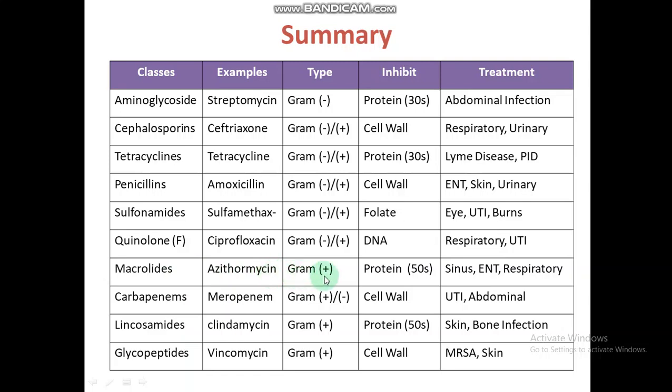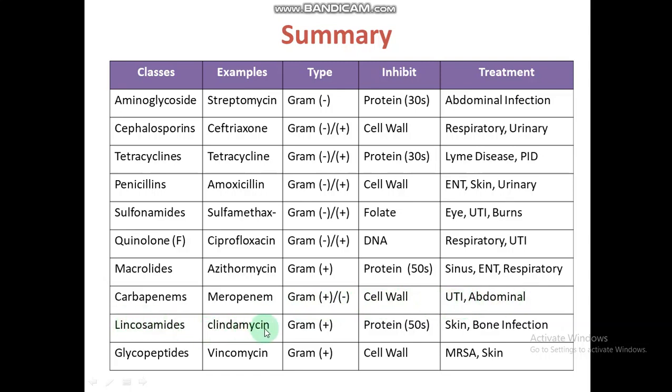They act on gram-positive bacteria and inhibit protein synthesis of the 50S ribosome. They are used for sinus infection, respiratory and ENT. Carbapenems, the example is meropenem, gram-positive and negative bacteria. They inhibit cell wall synthesis, used for UTI and abdominal infection.